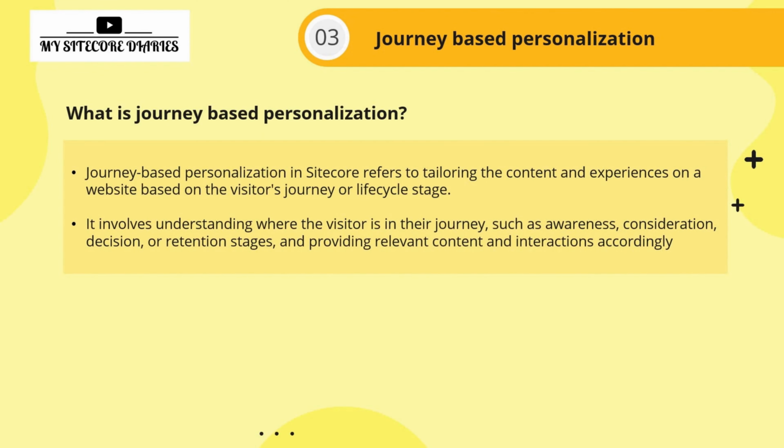It involves understanding where the visitor is in their journey, such as awareness, consideration, decision, retention stages, and providing the relevant content and interaction accordingly. So as I said, if you know what the customer journey is, you will be aware of what the awareness stage is, what the consideration stage is, what the decision stage is. So depending on those stages, you will tailor your content and the experience to the user.